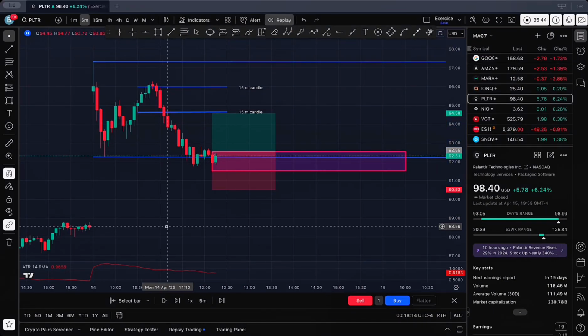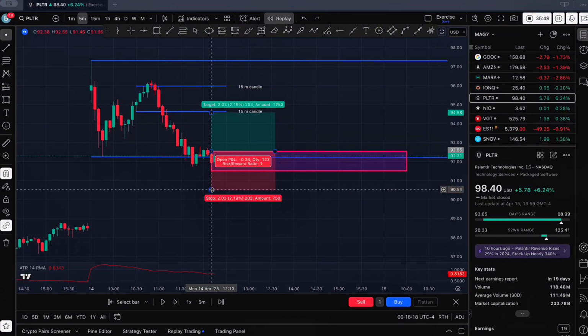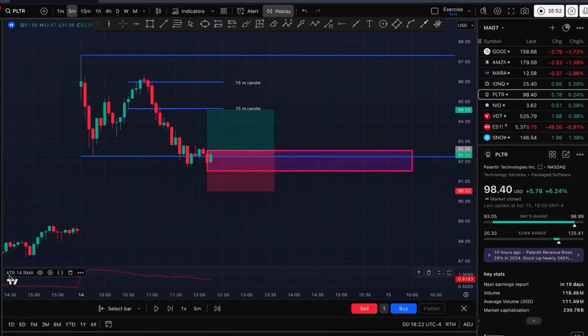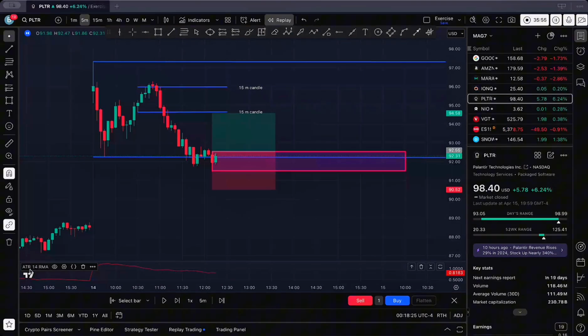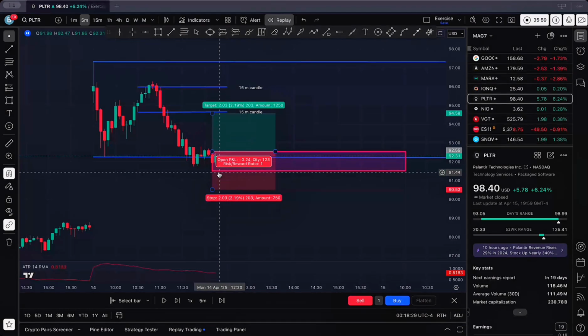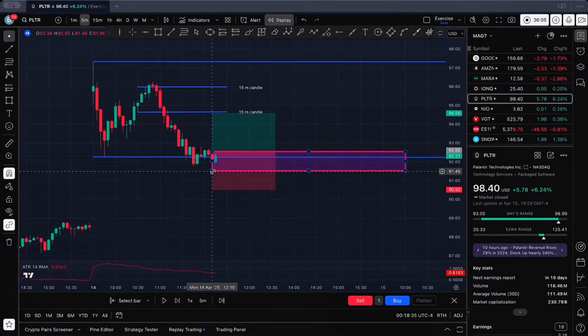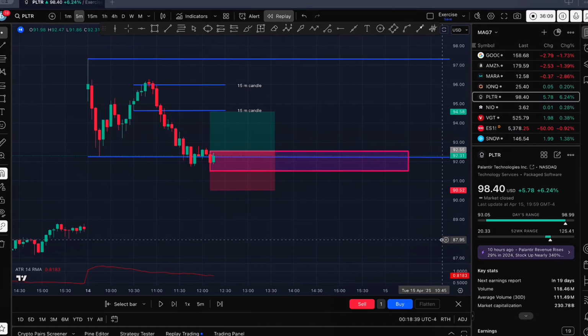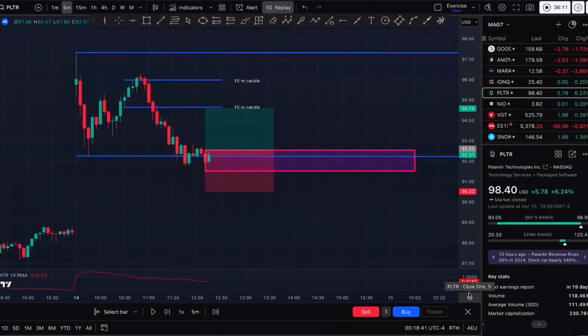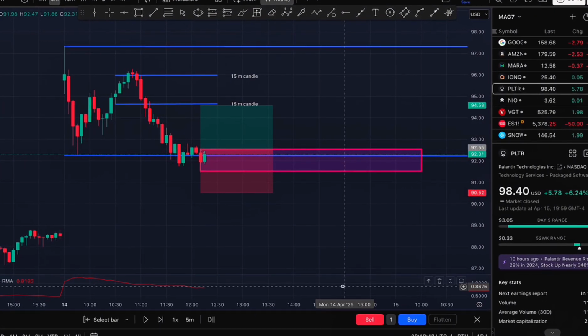Okay, so now what I can do is, as always, I like to use the ATR. I have it here, because it measures the volatility. Okay, and I have it here at the red, 0.8188.